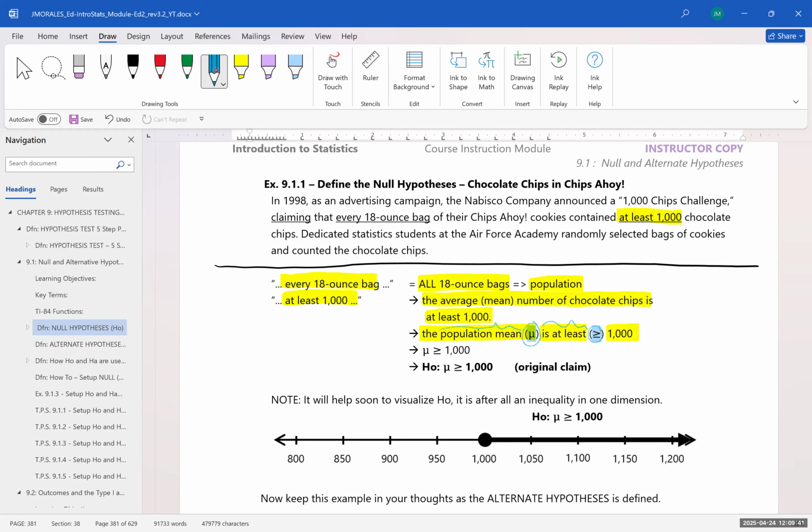So how do we translate this now? Well, we kind of just eliminate the words. And now we've got mu is greater than or equal to 1,000. So we've taken these words here and converted that into an algebraic inequality.